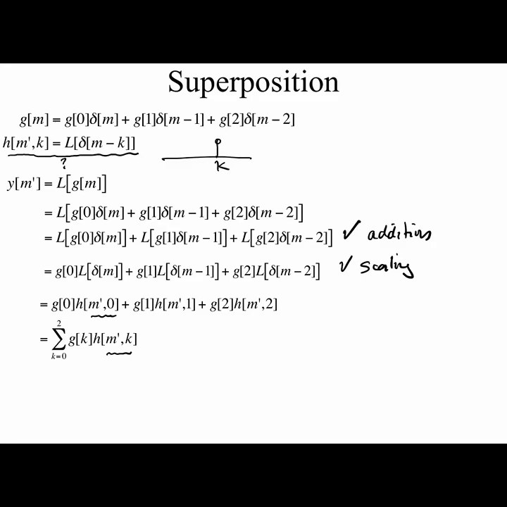If I have a system and I ping it with an impulse and measure its response, h, then no matter what you put into it, I can tell you the output. So that's why h is important. There are two important things: the response of a system to impulses and the response of the system to sine waves. Those are the two most important ways we characterize systems.